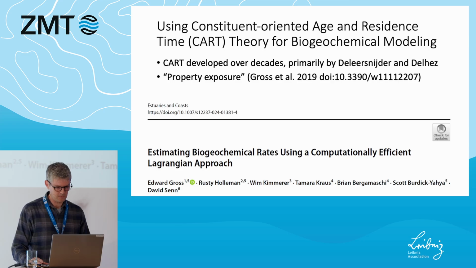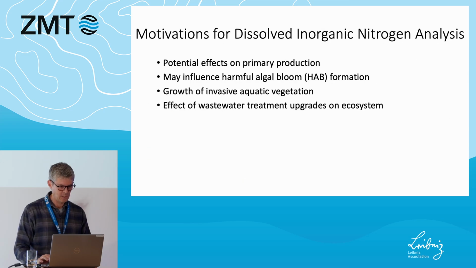Okay, so here's the paper. Again, I'm going to go through this one even faster, so I welcome you all to look at the paper. So some motivations, I think these will not be surprising. The San Francisco estuary has low production. It's not a highly productive estuary, partially due to clams, so food availability can be limiting to fish species. So there's a lot of interest in nutrients for that reason. Also because we have some harmful algal bloom problems.